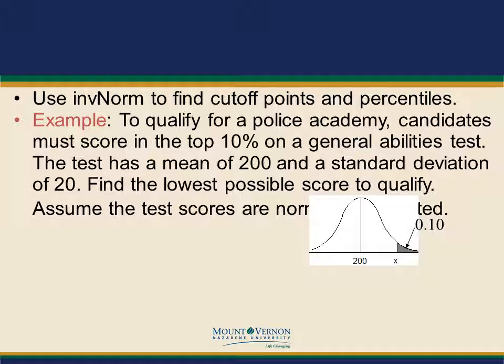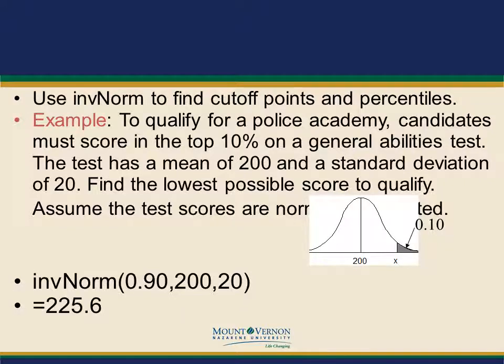And so when I use the calculator to solve this problem, I'm going to enter 90%. Specifically, I'll use inv norm of 0.90, comma 200, comma 20, and that gives me an answer of 225.6. And that would be the test score that only 10% of the candidates would score higher than that score.